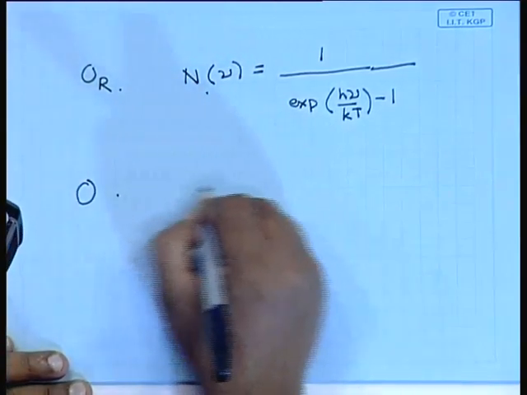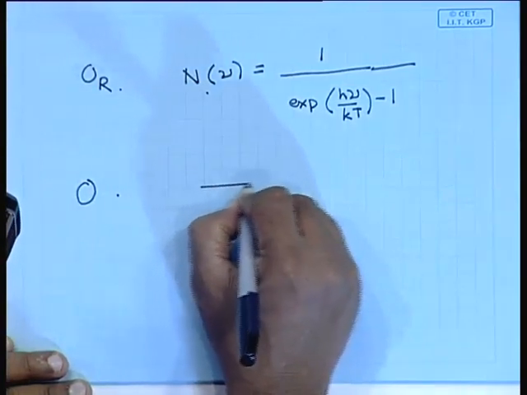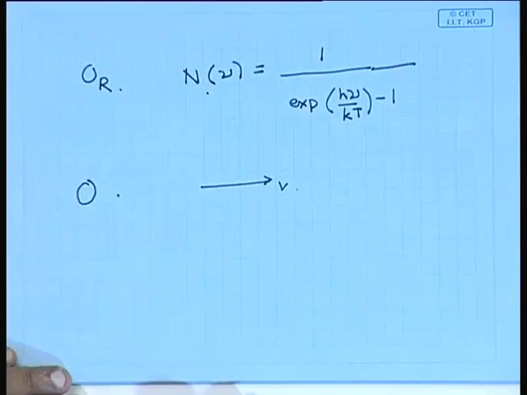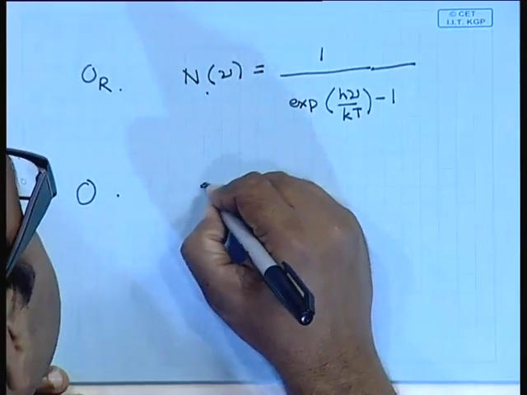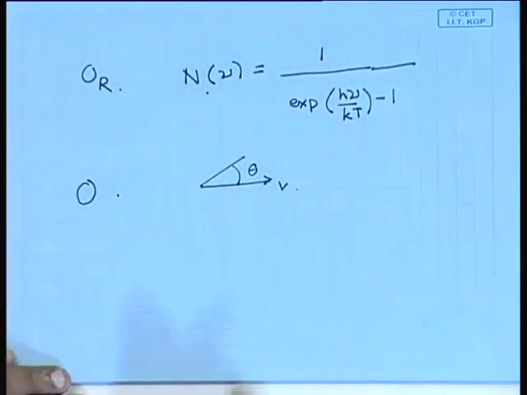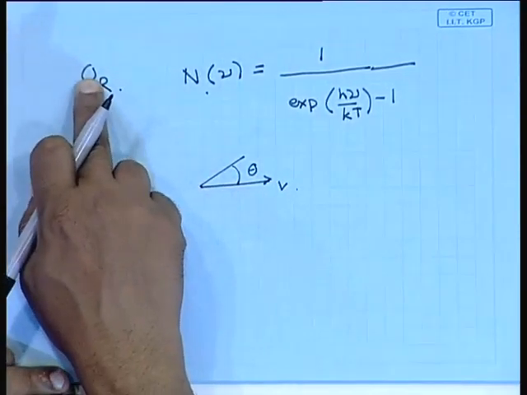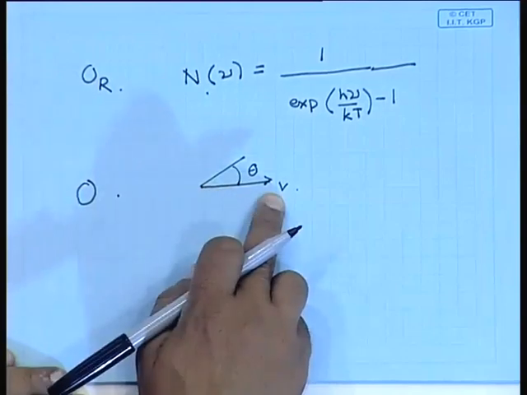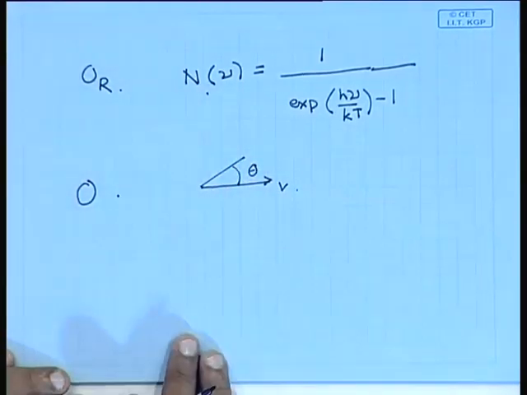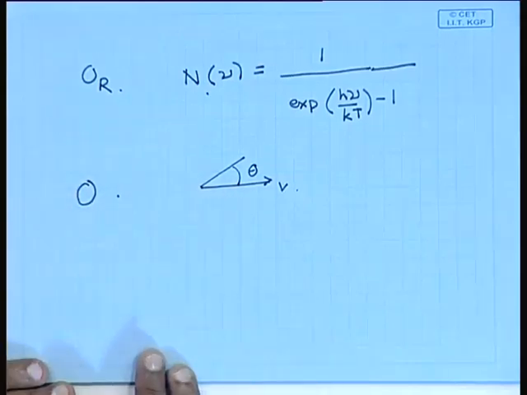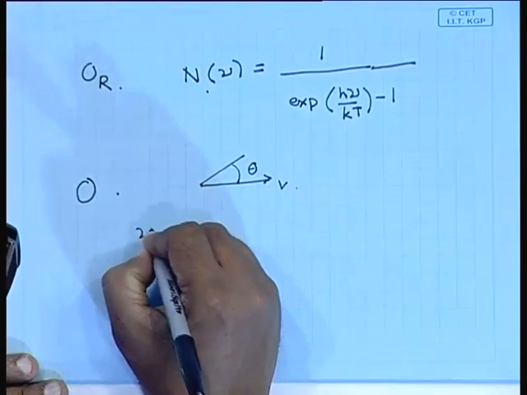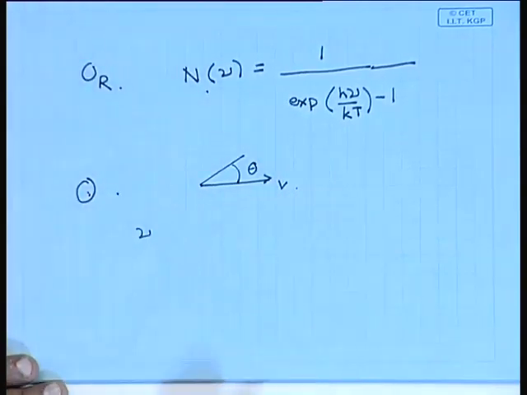This observer is moving, let us say, with speed v like this, and let us say that he is observing at an angle theta.